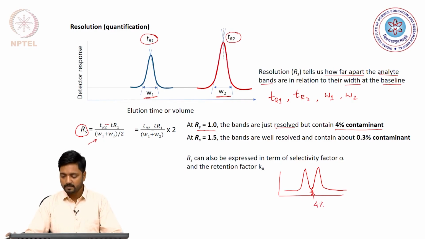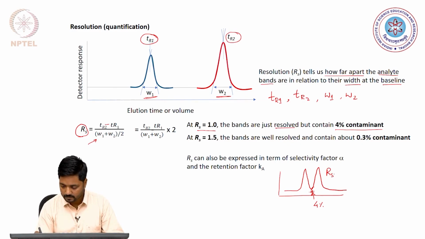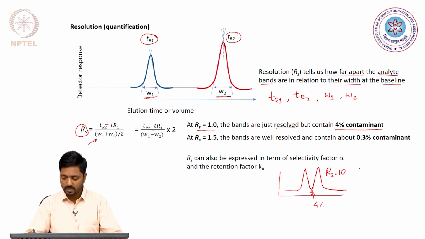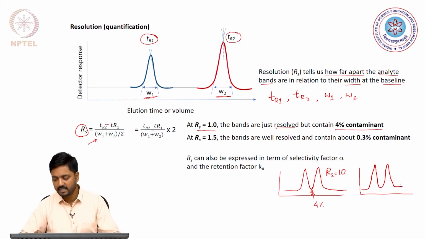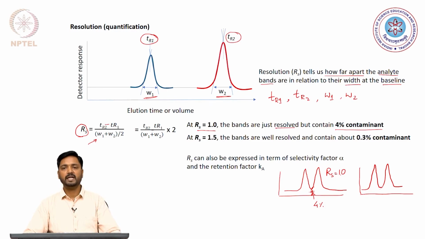On the contrary, if we have the resolution value as 1.5, we are talking about a profile that would look something like this, and this indicates that there is a negligible amount of the contaminant present in the two peaks.